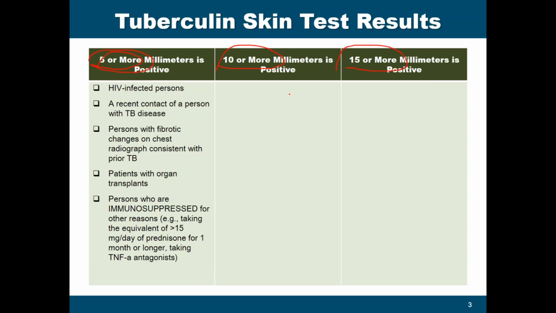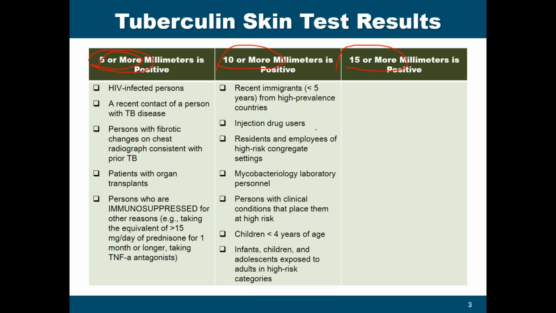For 10 or more millimeters is positive, these are the patients: recent immigrants, which are less than 5 years from high prevalence countries like third world countries, injection drug users, residents and employees of high-risk congregate settings, mycobacteriology laboratory personnel, persons with clinical conditions that place them at high risk, and children who are less than 4 years of age.